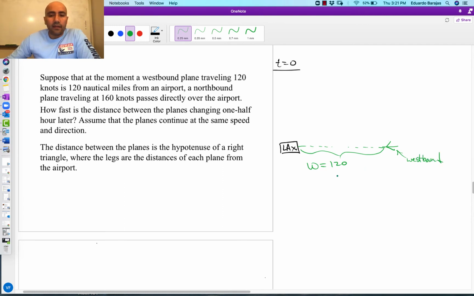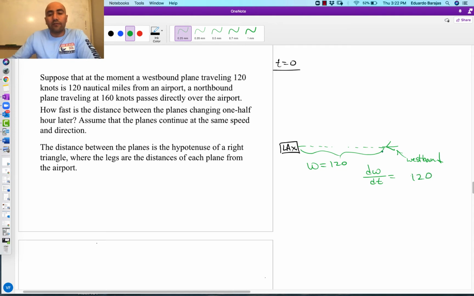Okay, and then there is a speed associated with it. It's traveling at 120 knots. So that's the rate of change of W, right? How fast is W, the distance away from the airport, changing? So we have dW over dt is going to be the 120.